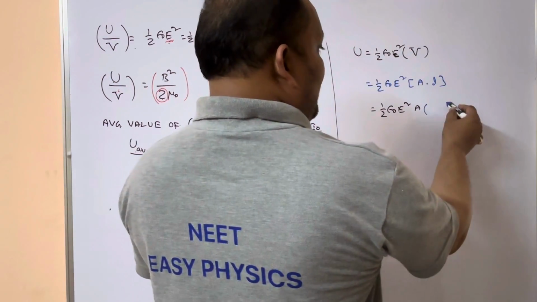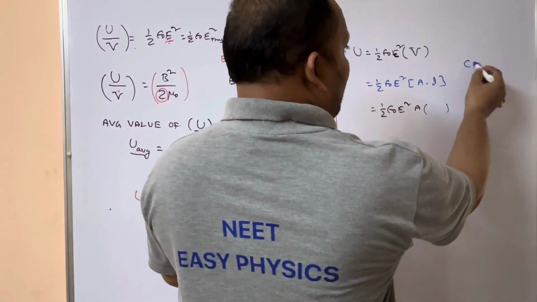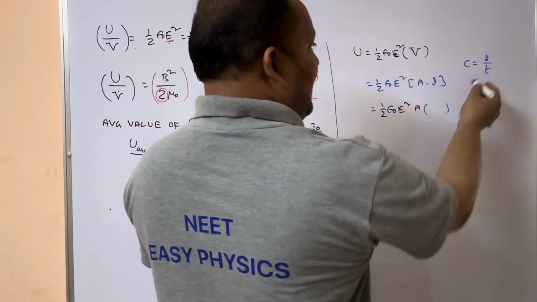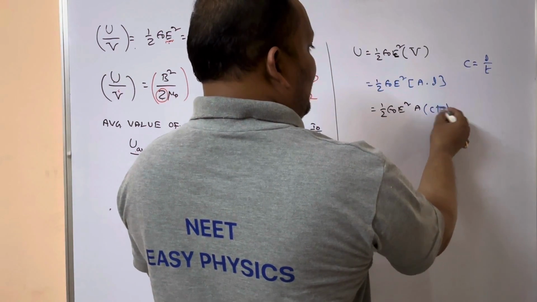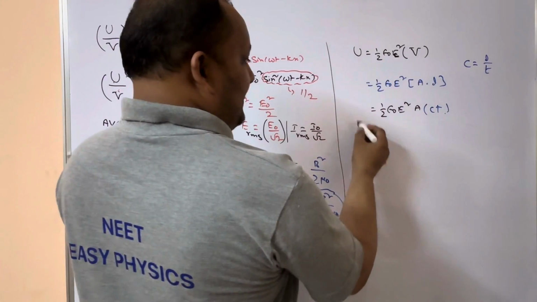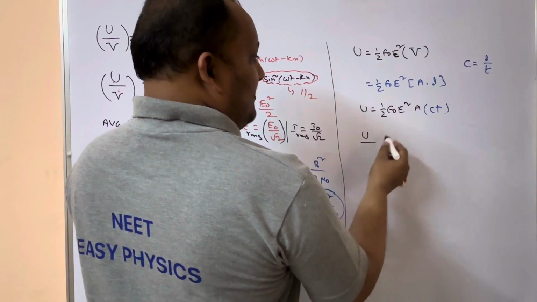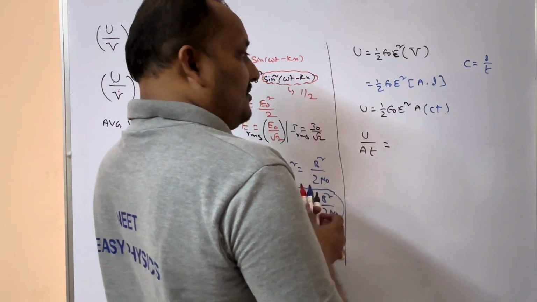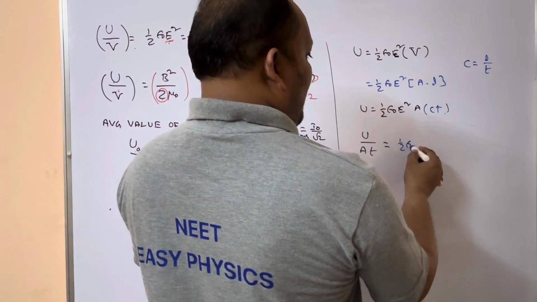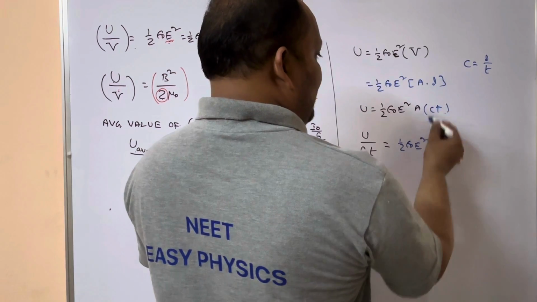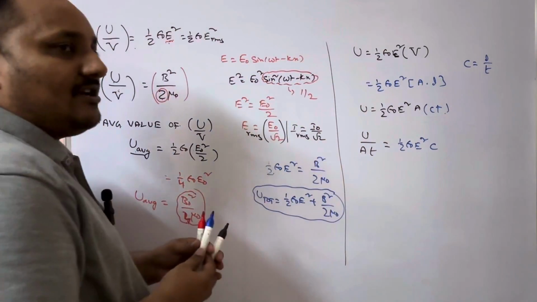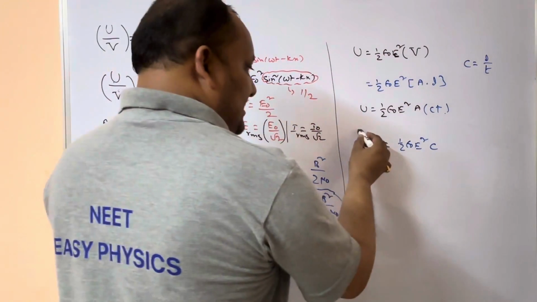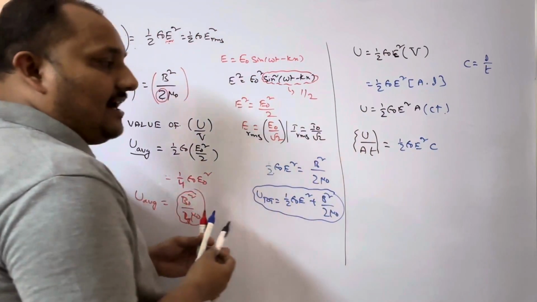That distance is going to be covered with the velocity of light. Velocity is distance by time, so the length is going to be ct. Next, this is energy, so energy per unit area per unit time we are going to write as ε₀E²c. So this is energy per unit time per unit area.